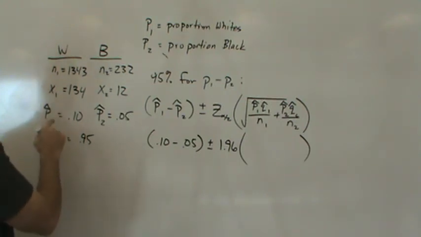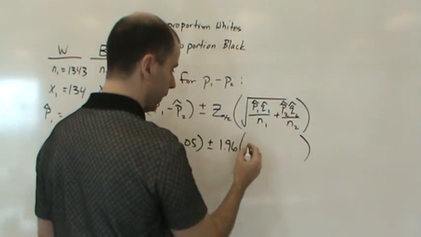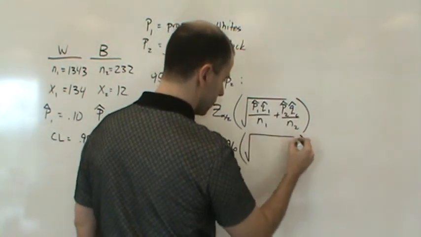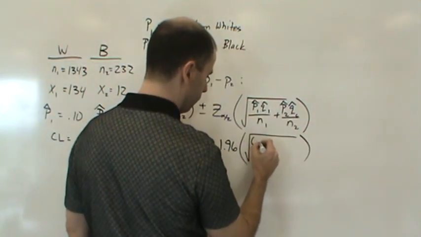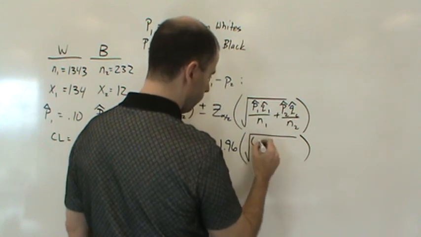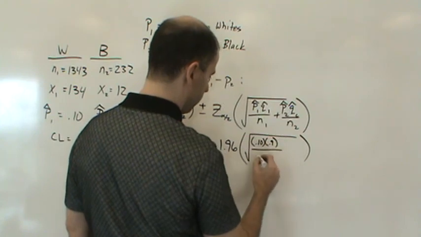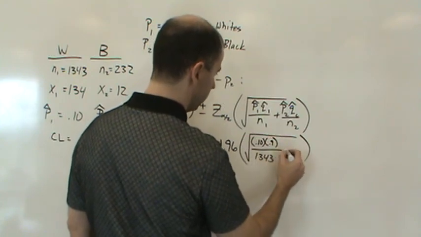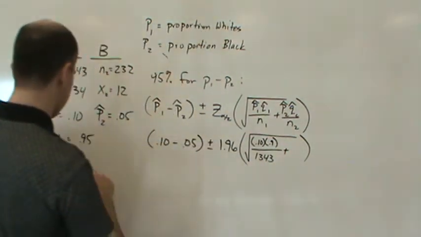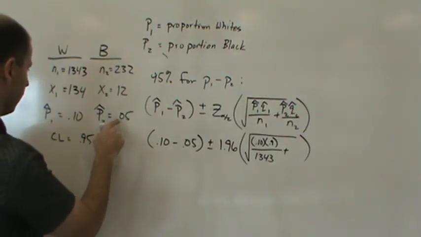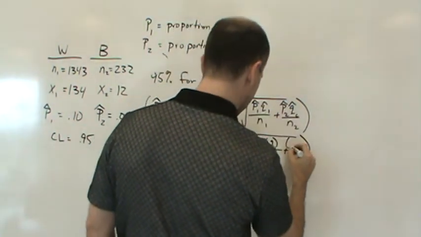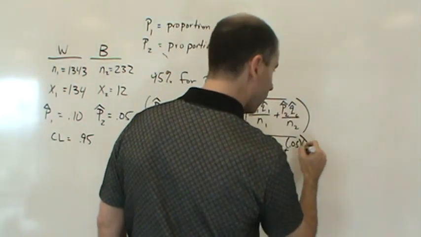If P1 hat is 0.1, then Q1 hat is 0.9. So all we're going to do is stick in the data. It's going to be 0.1 times 0.9 divided by 1343 plus, then we take this here, 0.05 times, yes?